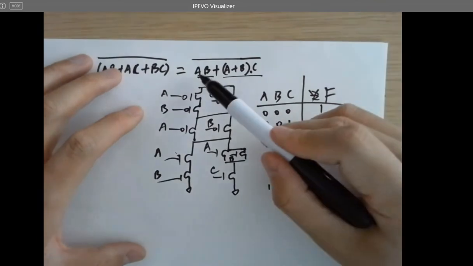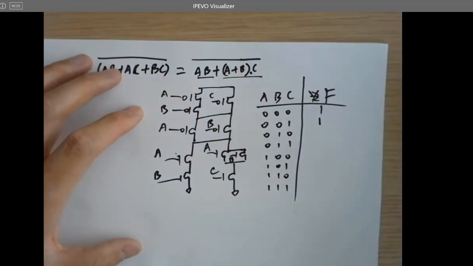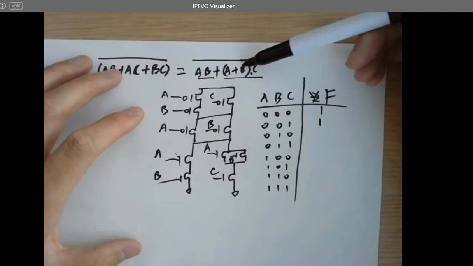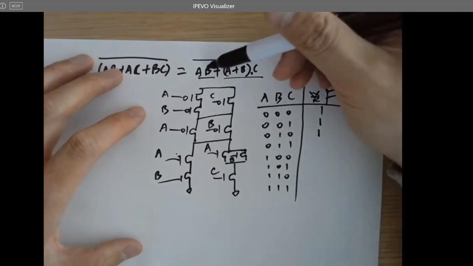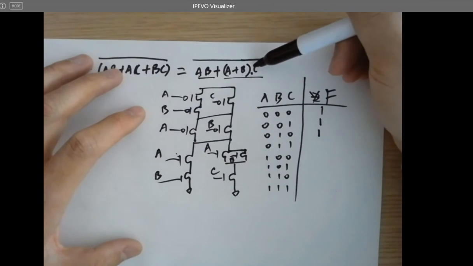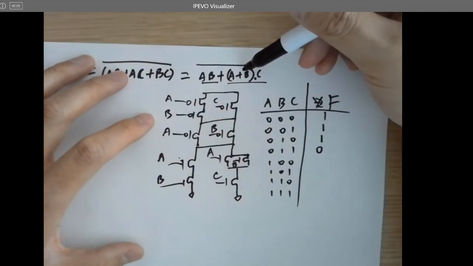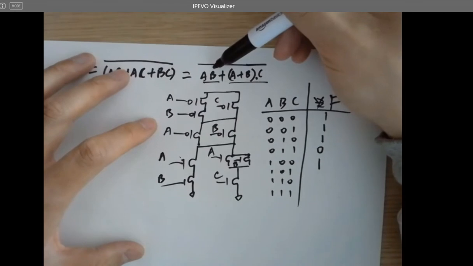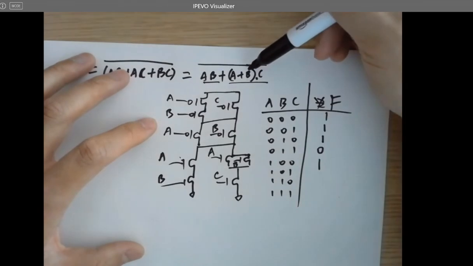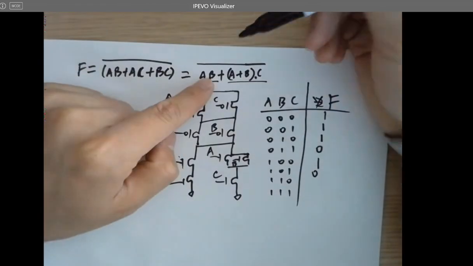And 0, 0, 1; 0, 1, 0; 0, 1, 1; 1, 0, 0; 1, 0, 1; 1, 1, 0; 1, 1, 1.